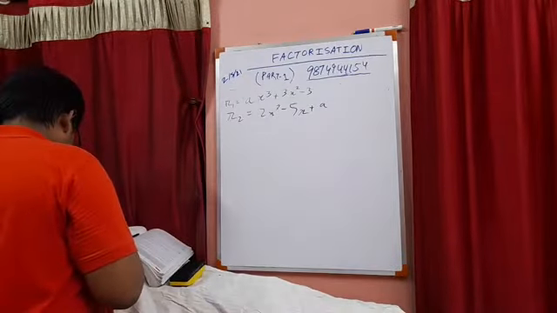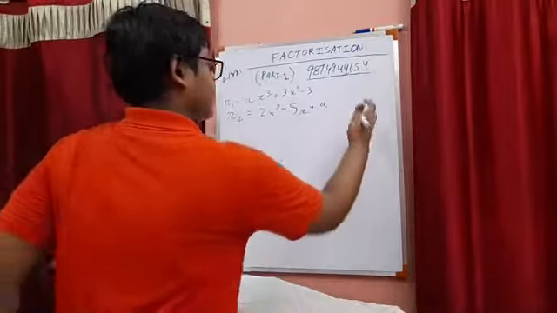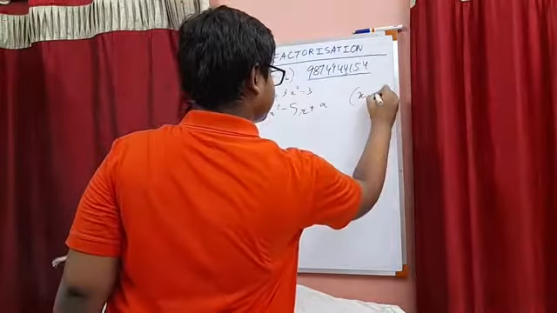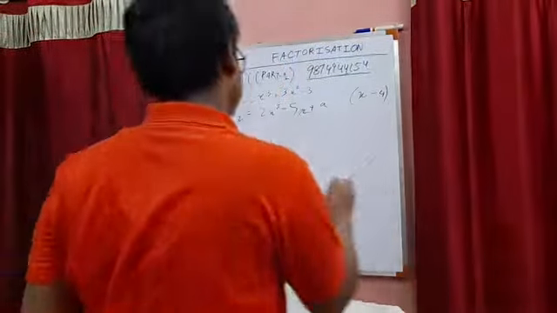Here they have given that it is being divided by x minus 4. Taking x minus 4 as 0, we get x is equal to 4.